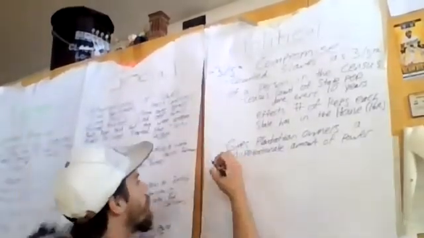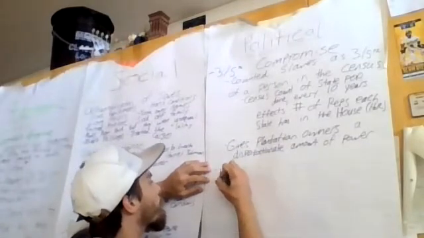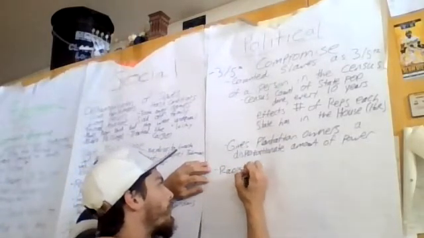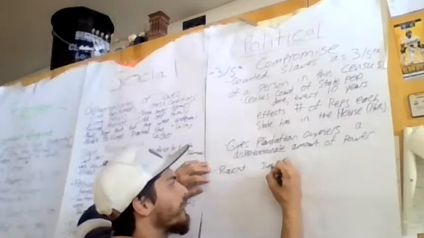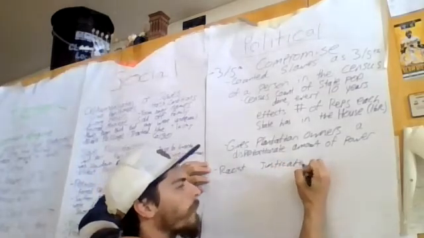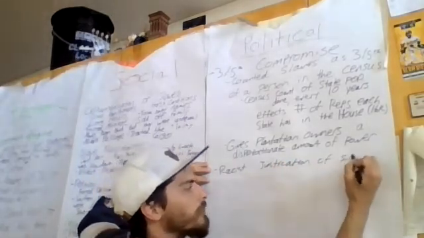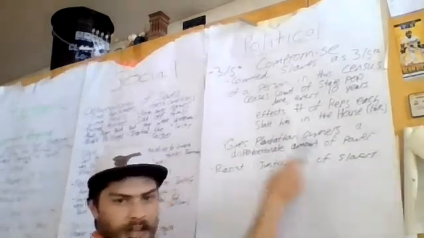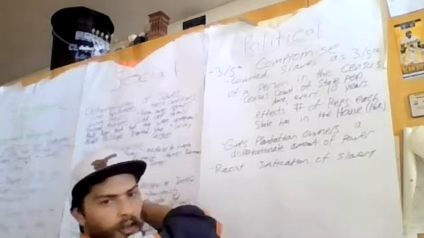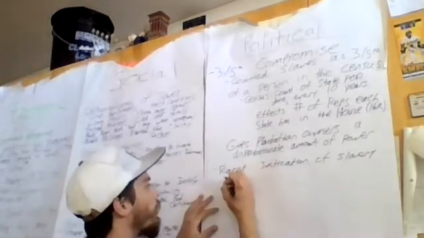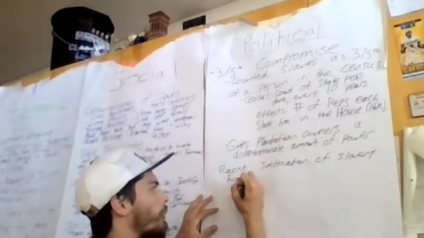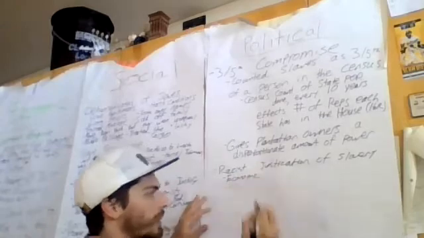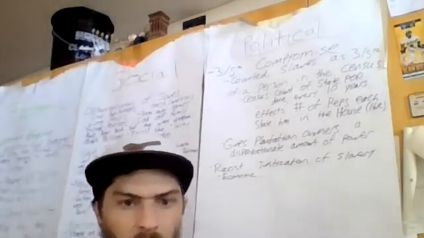So, racist justification of slavery. Well, we kind of went over this in the other one. So economic: they said it'll ruin the Southern economy if they got rid of slavery.